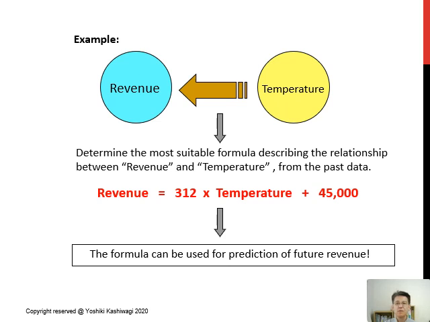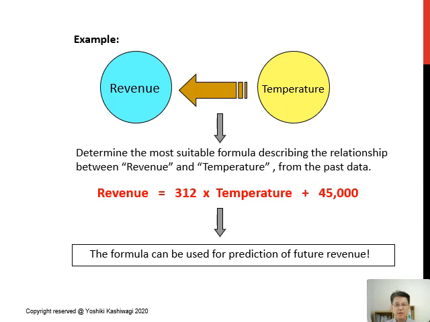And now let's assume these two parameters, revenue and temperature, have a strong correlation. That means the higher the temperature is, the higher the revenue or sales you get. This is positive correlation. Now you run the regression analysis for these revenue and temperature data sets.